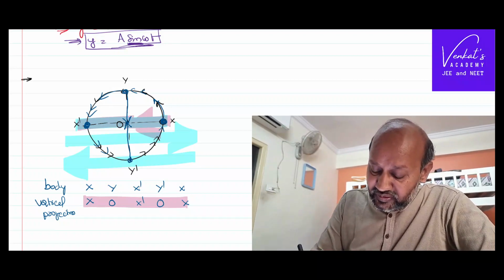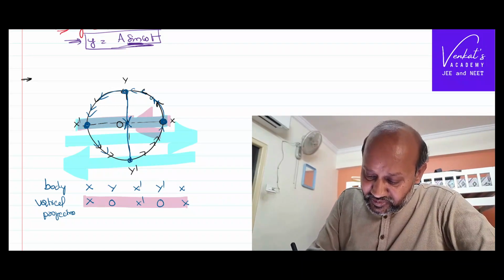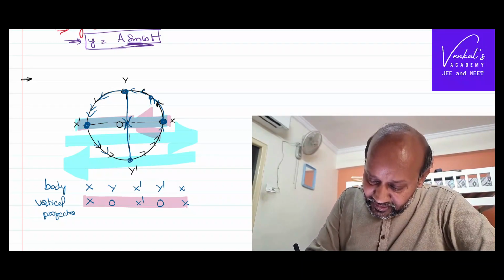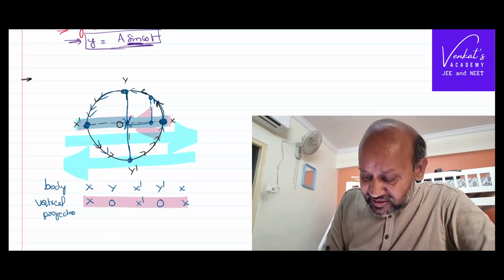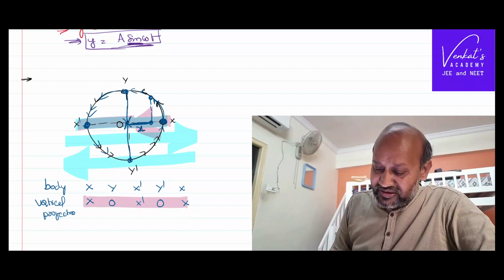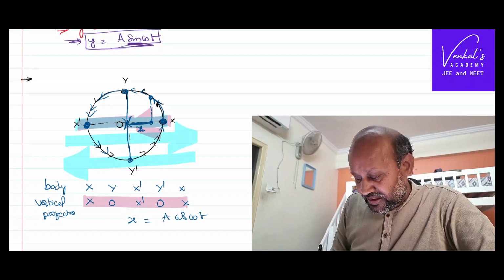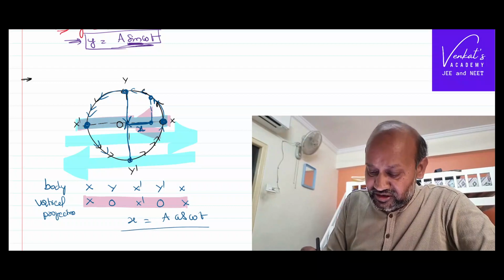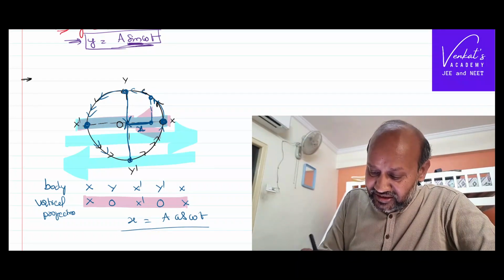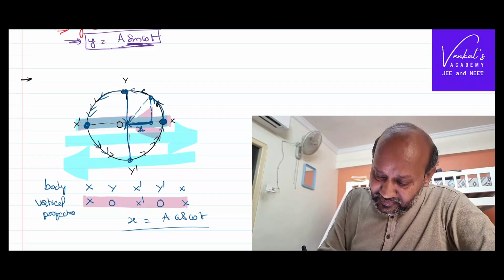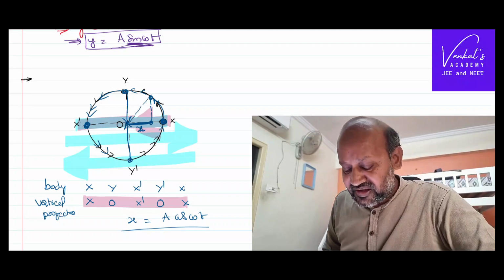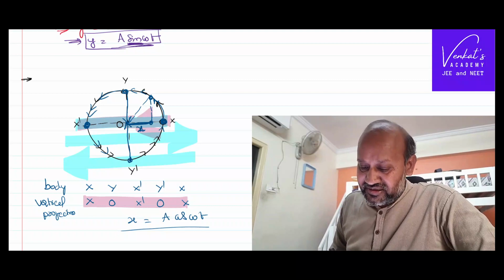So if the particle is at a particular position and you draw a projection onto the x-axis, then this becomes x. In that case, when you study the displacement, you will get x equal to A cos omega t, because earlier we were talking about y, which is the opposite side, whereas now this is not the opposite side, rather it is the adjacent side.